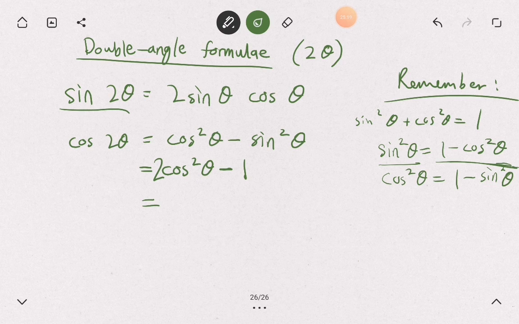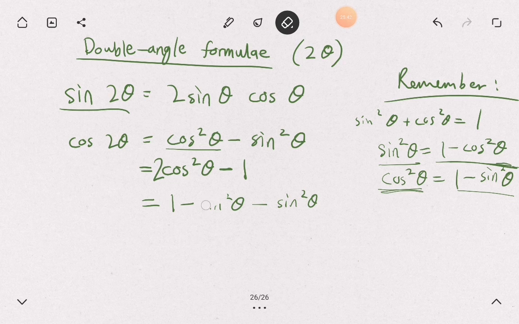So now we substituted for sine theta. If we substitute for cos theta, we get something else. We can substitute for cos theta, which becomes 1 minus sine squared theta, and then minus sine squared theta.